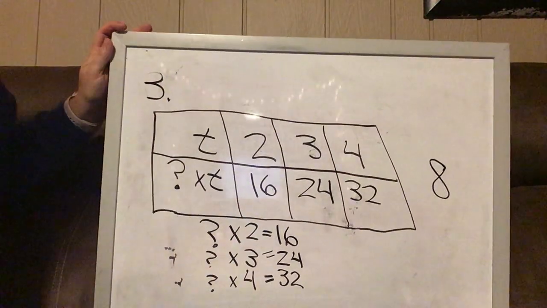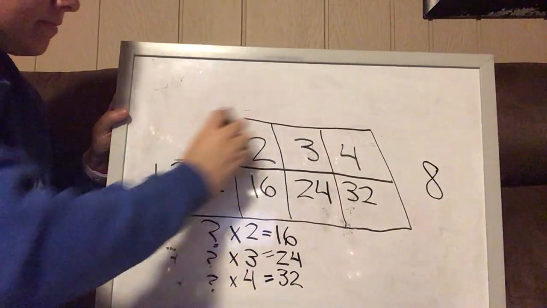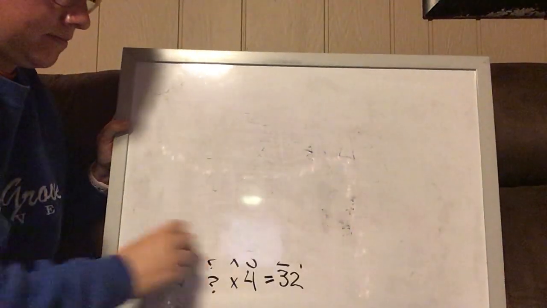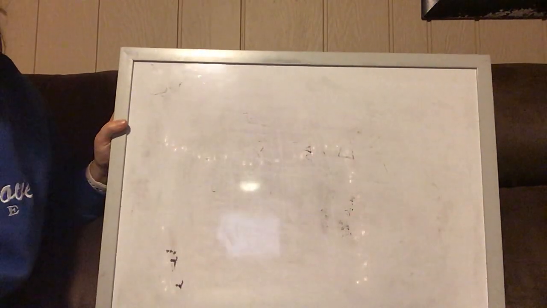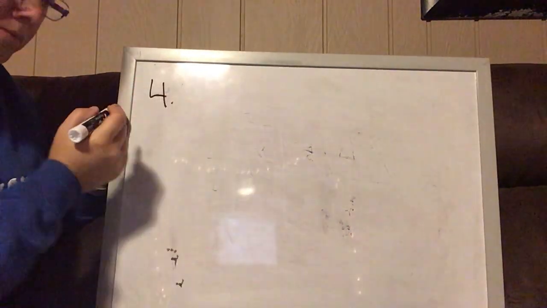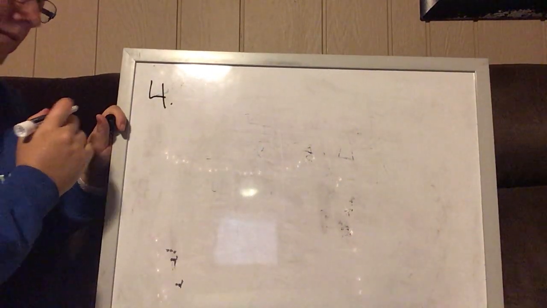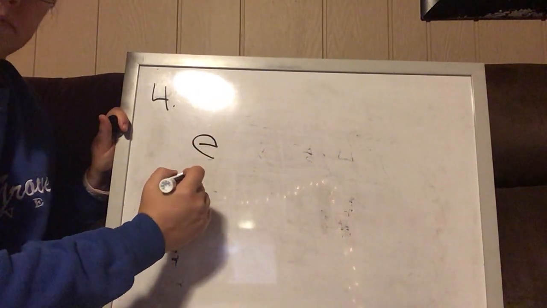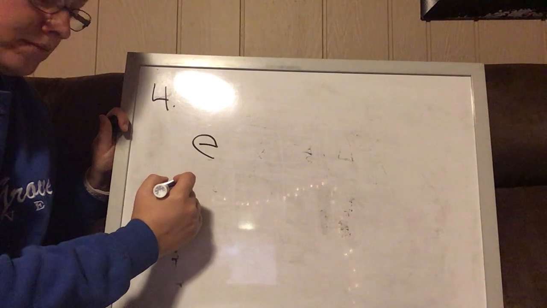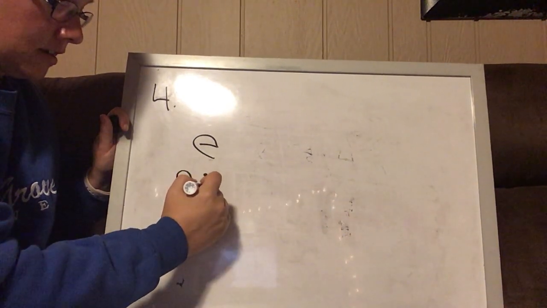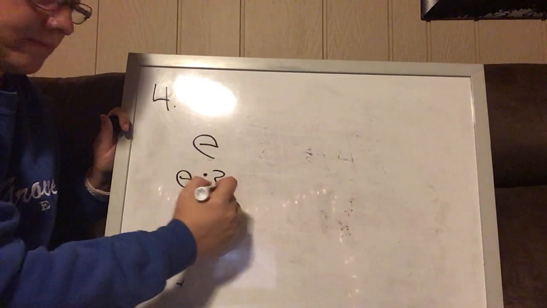All right, last one. In your math notebooks, number 4. We're going to end it with a division. We're looking at the variable e, and my expression is e divided by blank.